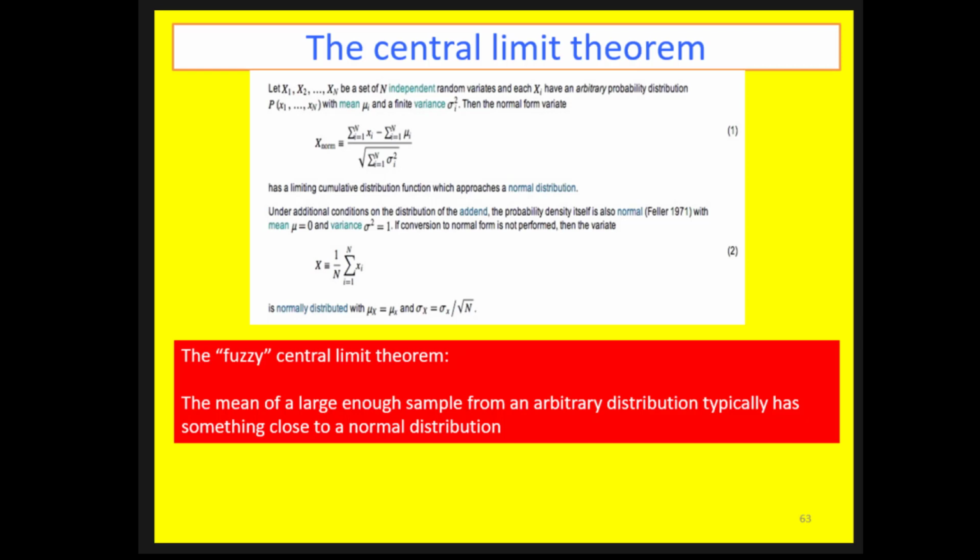In red, the more loosely defined central limit theorem: the mean of a large enough sample from an arbitrary distribution typically has something close to a normal distribution. And that's a good thing. So if we have a big sample, lots of boys, lots of girls, and we take the mean of something that we measure on that group, the distribution of that mean will look like this.